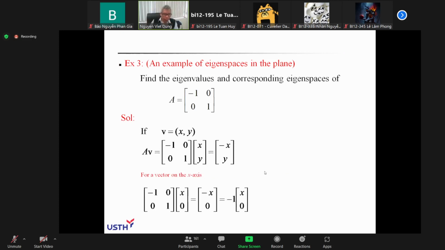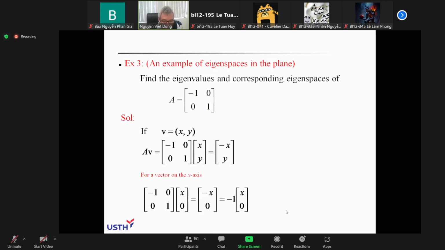And if you consider a vector lying on the x-axis, the horizontal axis like that, that vector will have coordinates x and 0, because the vertical coordinate is 0. Then if we multiply A with (x, 0), you get (-x, 0). It means that it equals -1 times (x, 0).